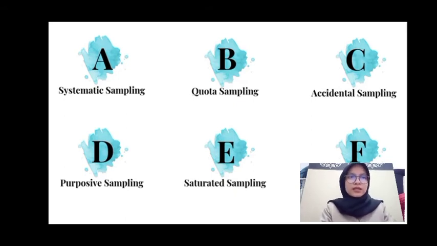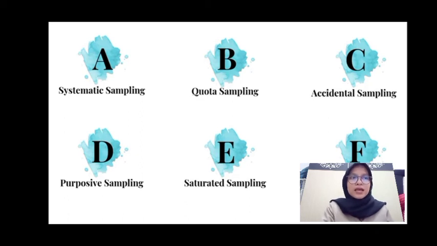This technique is usually used and designed for research where a small sample is required, where each case is studied in depth, and the danger is that if the sample is too small, it will not be able to represent the population. C is accidental sampling.